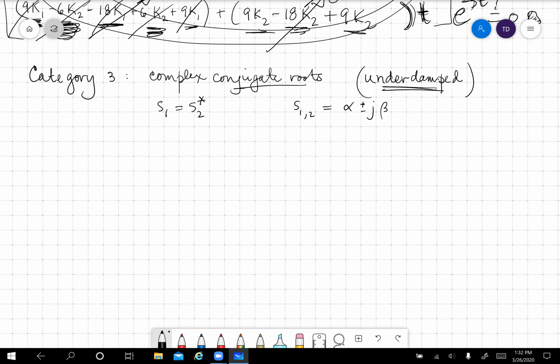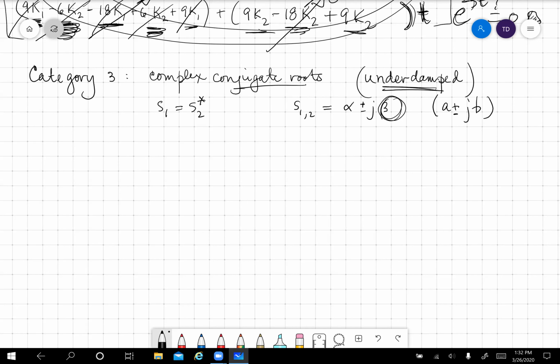Alpha is a real number, beta is a real number, but overall S1 and S2 are complex. Think of it this way, A plus and minus jB. I'm just using Greek letters. Often, many books will use omega here because it is a frequency of a sinusoid. You're going to see that in a moment.